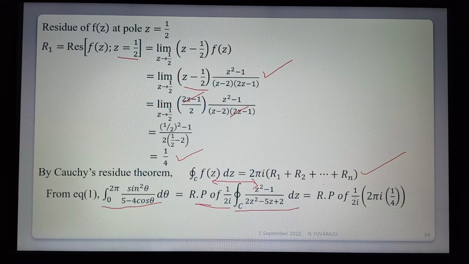Real part of 1 by 2i into this is equal to the value 2 pi i into r1, which is 1 by 4, the residue. So do the simplification here. Here i cancels, 2i cancels, that is 5 by 4 only. Only 5 by 4 is the fixed real part, we need only the real part, right? Since only the real part, 5 by 4. So therefore the required value is 5 by 4.